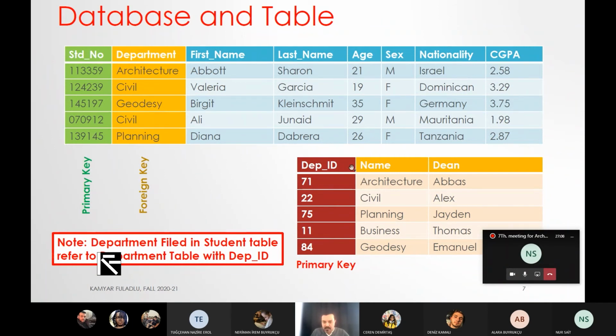Many students with a unique primary key can study in architecture, but you cannot find 1 student studying in 2 departments at once. It is impossible. You cannot find, for instance, one of you, let's say Abbott, studying at the same time with this student number in architecture and civil engineering. Of course, we are able to open a second student number and study in 2 different departments.